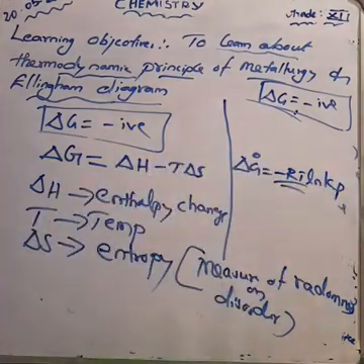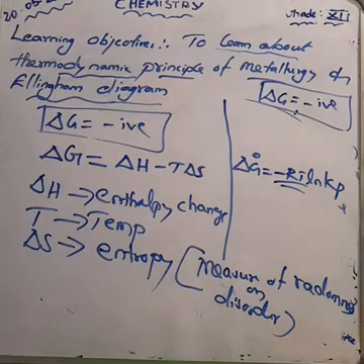Ellingham used this equation for what purpose? To calculate the delta G naught value at various temperatures for the reduction of metal oxide, by treating the reduction reaction as an equilibrium process. This is an important point.